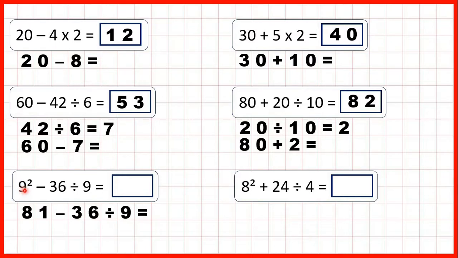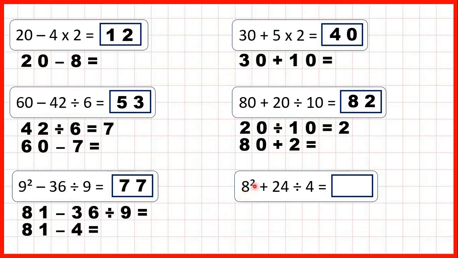So we need to work out 81 minus 36 divided by 9. But we always do division before we do subtraction. 36 divided by 9 is 4, so now we have 81 minus 4, which gives us 77 as our answer.